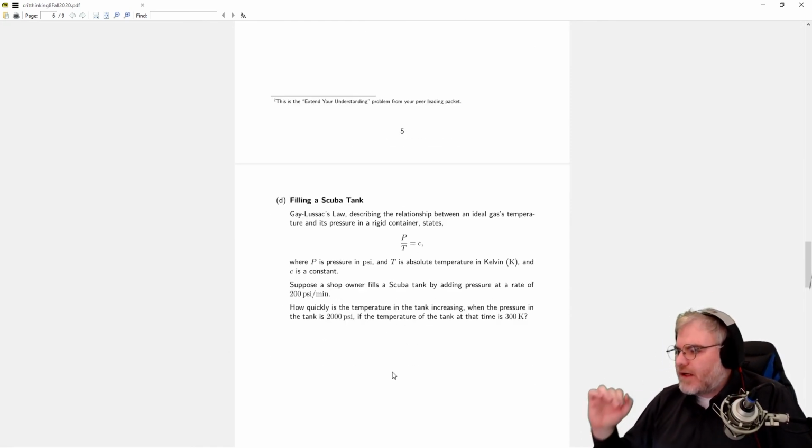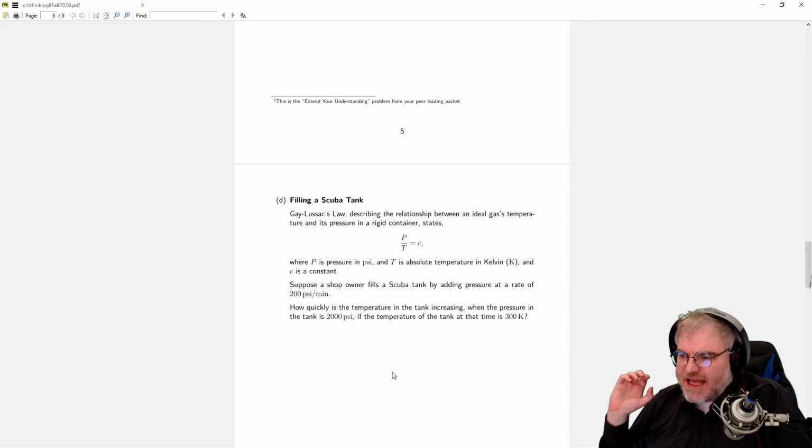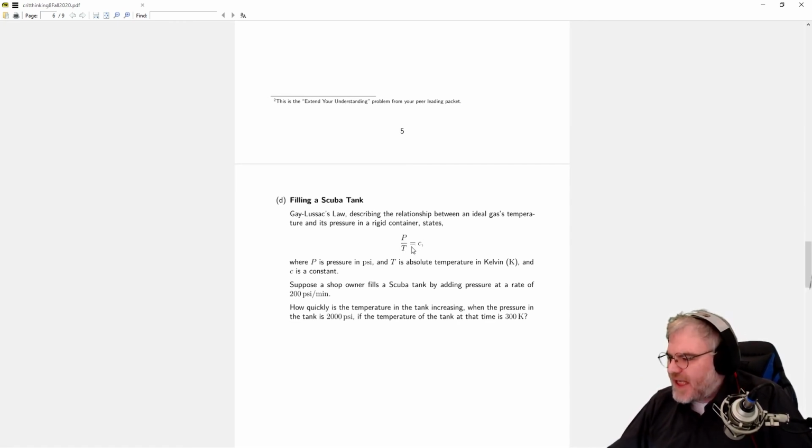This one right here is a good one because it's a gas law and it's got a quotient rule instead of a product rule. Now, you can multiply these over, right? This can be P equals CT, but when you take the derivative of that, you're stuck with the C, so you have to solve for the C when you do it.